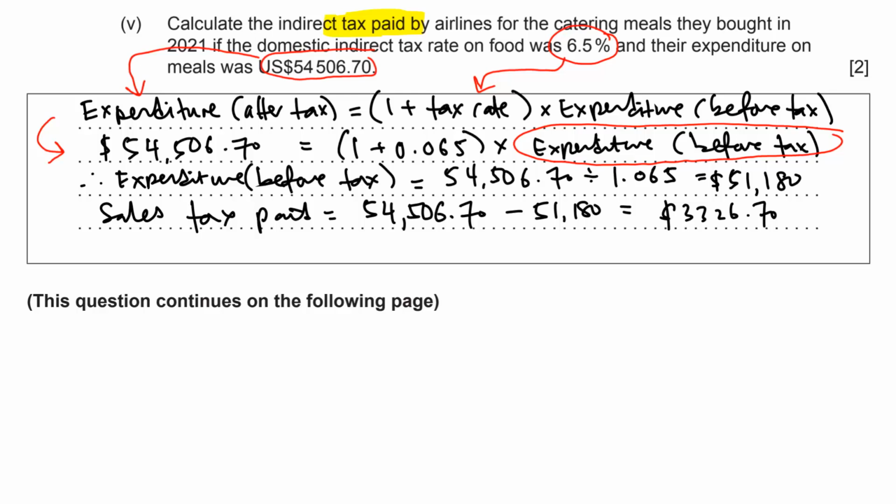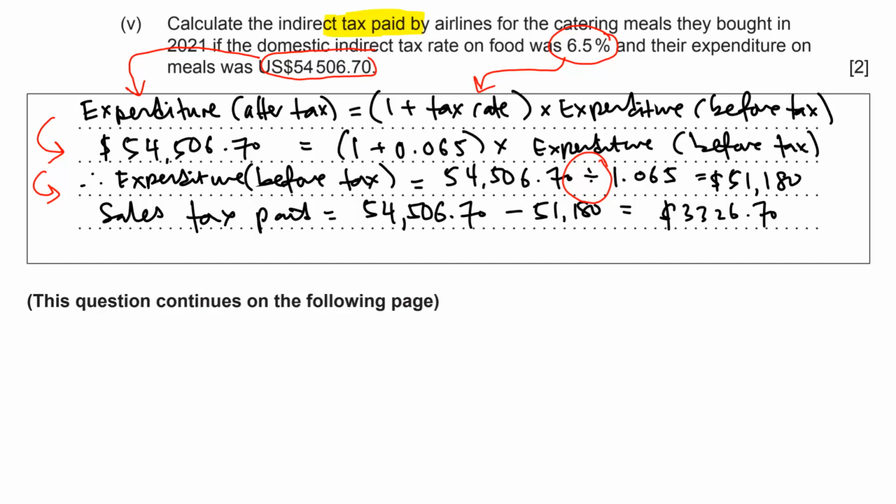We can divide both sides by 1.065. Then we end up with expenditure before tax being 54,506 divided by 1.065. Remember, we're dividing because we want to undo the 1.065 bit.